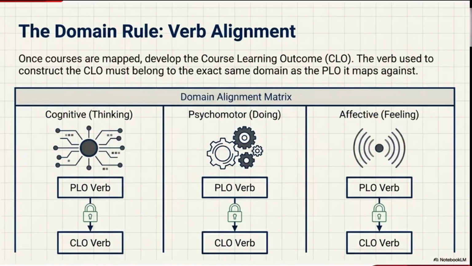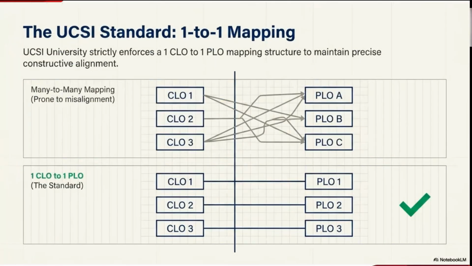Let's say program learning outcome number 3 is aligned to C3A, practical skills, and belongs to the psychomotor domain. If a course learning outcome is mapped to program learning outcome 3, the verb used to construct it should come from the psychomotor domain. This is what we call the initial stage of constructive alignment.